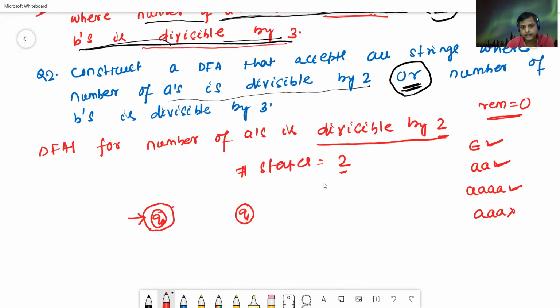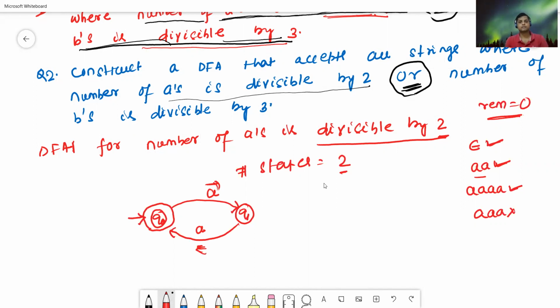See here, this is 1A, 2A, and again 3, 4, 5, 6, whatever.